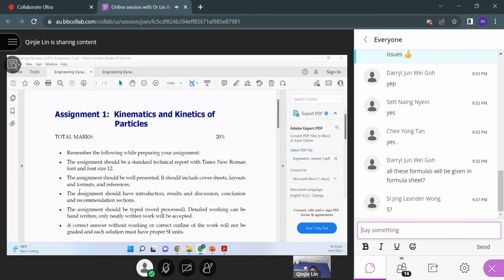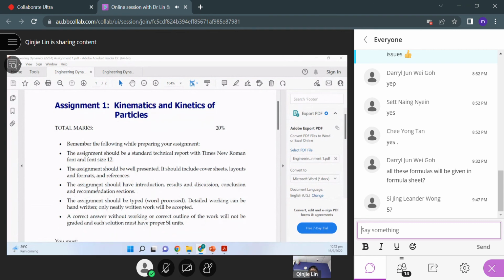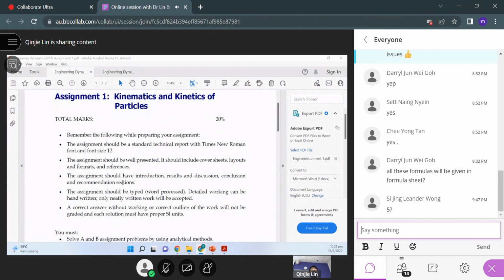This is your assignment 1 and it's worth 20%. So basically you follow the instructions that are already written here. It should be in the form of a report, which will include cover sheets, layout, formats, and references. References are for when you refer to something online or any resources.